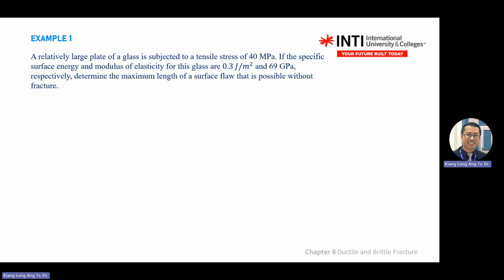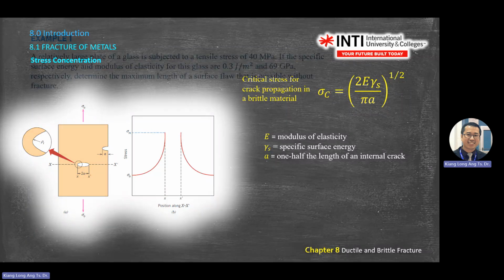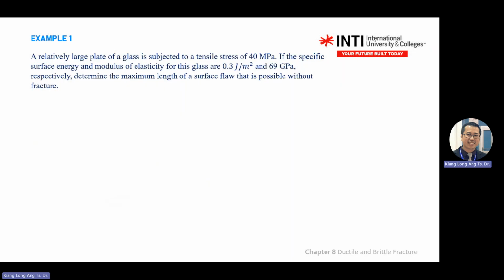If the specific surface energy is gamma S, and the modulus of elasticity E is given in gigapascal, with surface energy in joule per meter squared, remember to change the giga into 10 to the power 9 in your calculation. Determine the maximum length of the surface flaw that is possible without fracture.